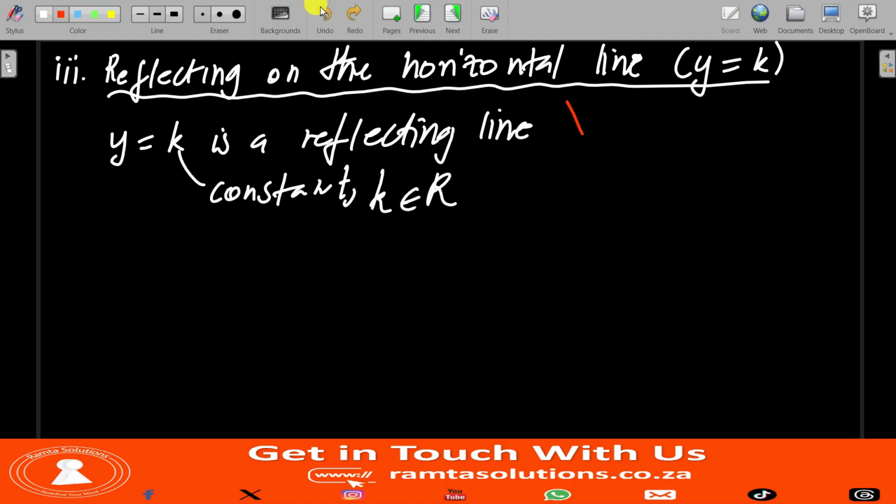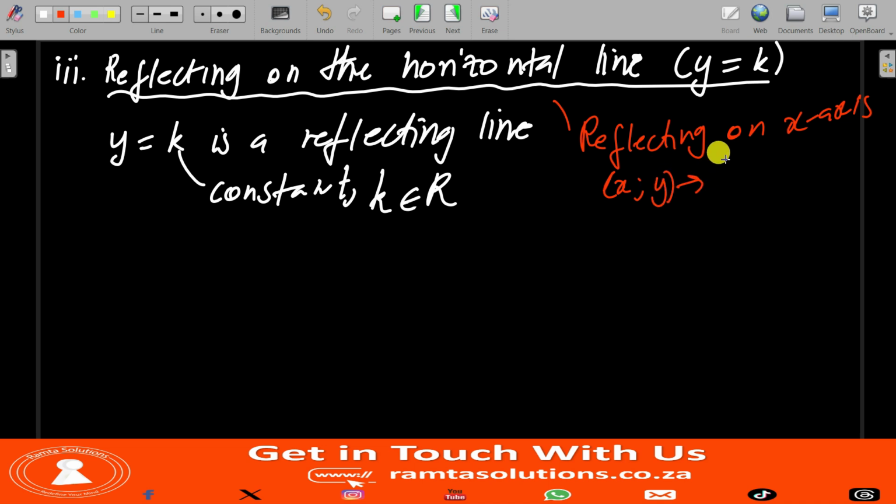Let me use a small font size. When we were reflecting on the x-axis, we realized that the y value will change the sign. We had this rule here that said x value will remain the same, but y value will change the sign.